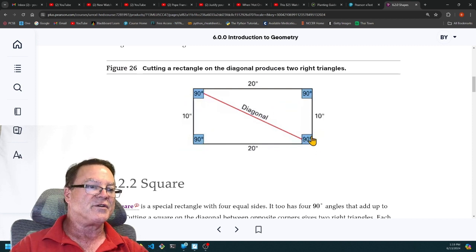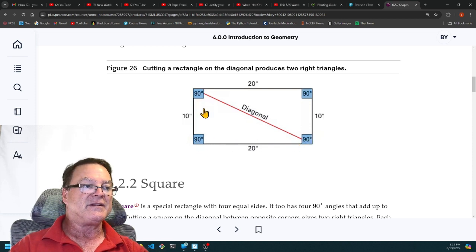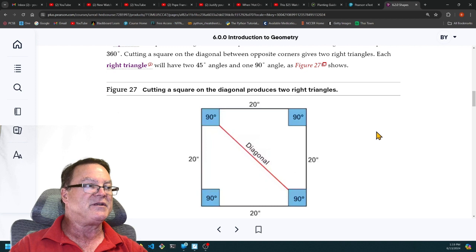All four corners are 90-degree angles, just like a square, but it doesn't have four equal sides. The two sides opposite each other are going to be the same length. A square is a special rectangle with four equal sides. It too has four 90-degree angles that add up to 360 degrees.